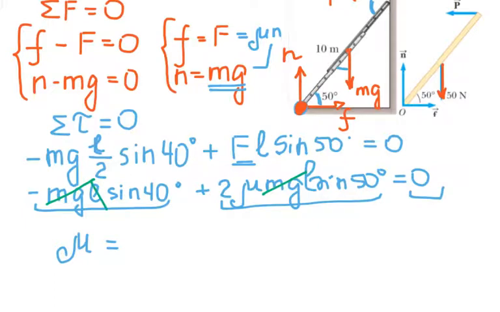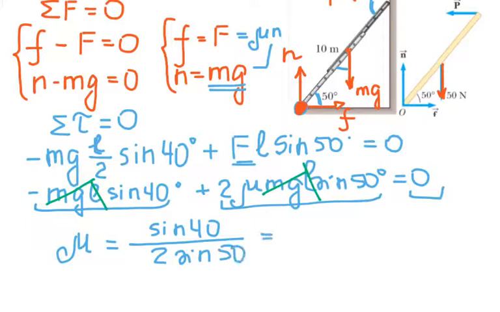So I can cancel L and I can cancel L. And it will be equal to sine of 40 divided by 2 sine of 50, and that is equal to 0.42. So the coefficient of static friction between the ladder and the ground is 0.42.